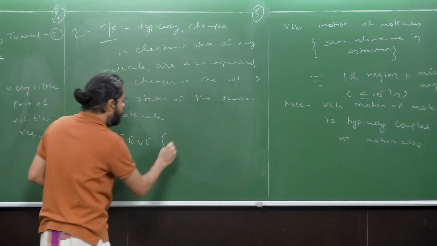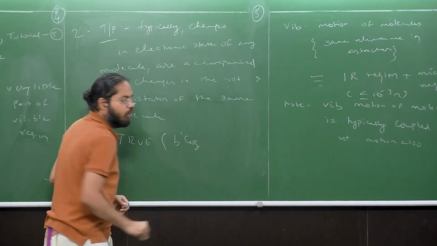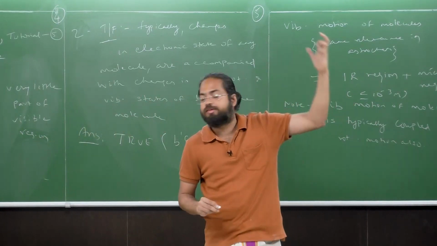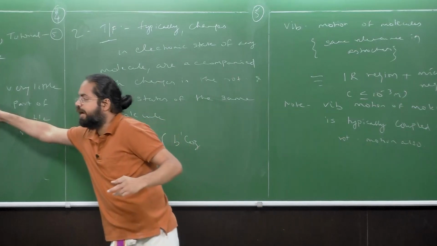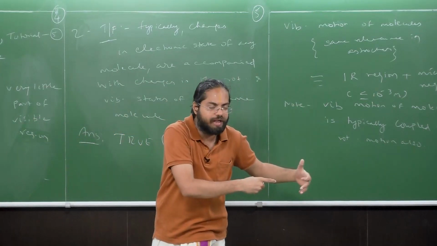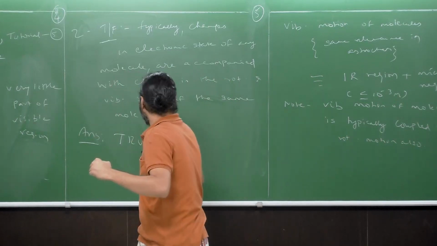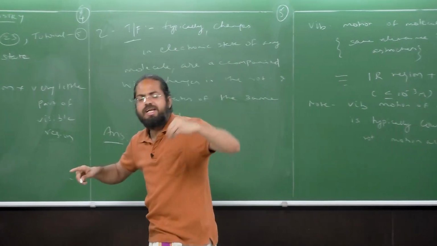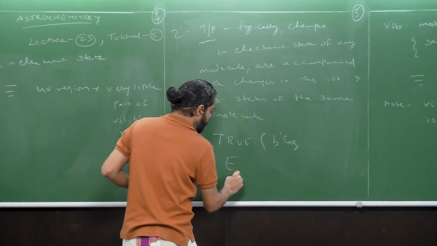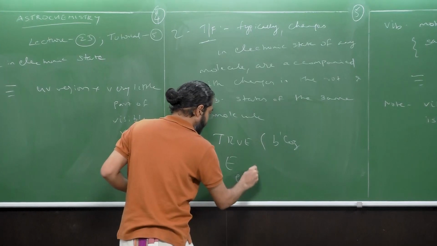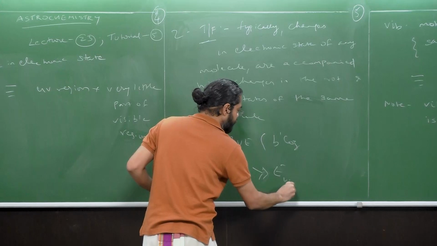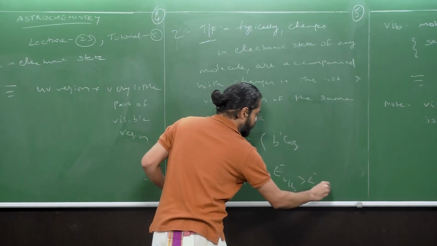Why is that? Because the energy required for electronic transitions, recall, happens in the UV region, whereas these happen only in the IR and the microwave region, respectively. So the energy required for electronic change is really high. Because E electronic is very much greater than E vibration, which is greater than E rotation.